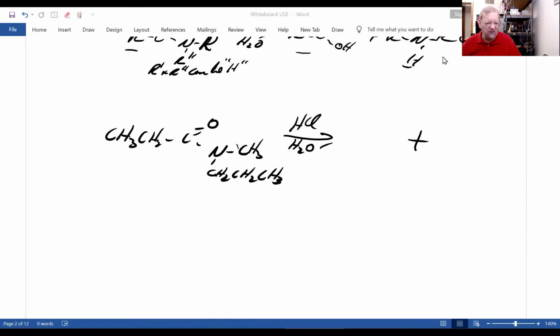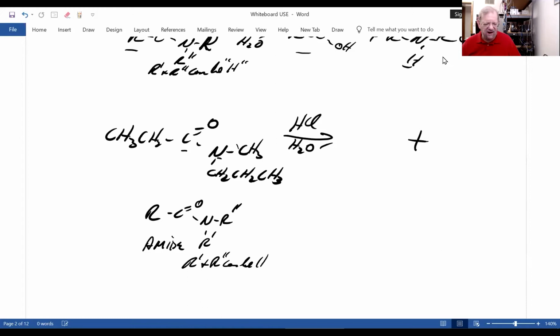All right, what do we have that's different? Carbonyl. Carbon double oxygen, that carbonyl is attached to nitrogen. We have an amide. And remember, R prime and R double prime can be hydrogen.